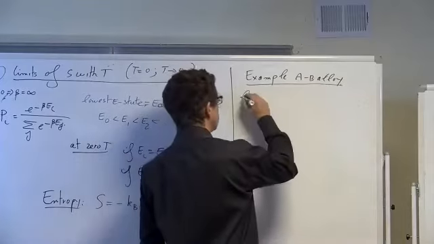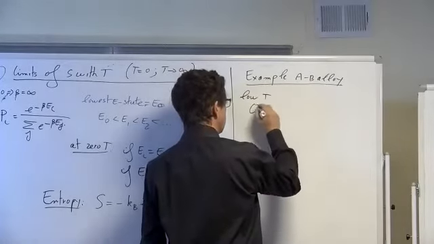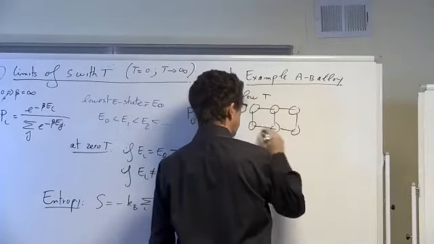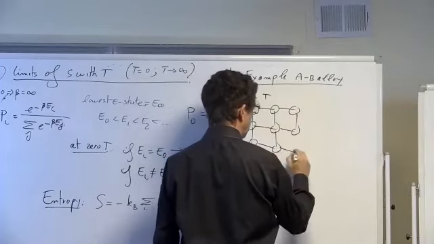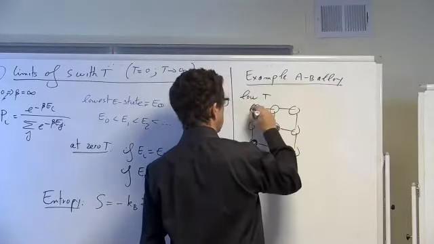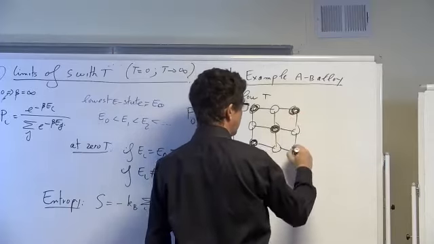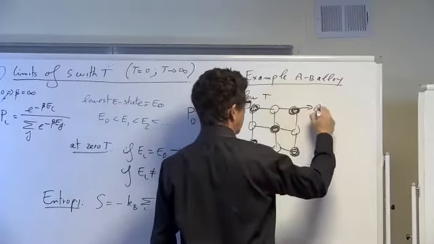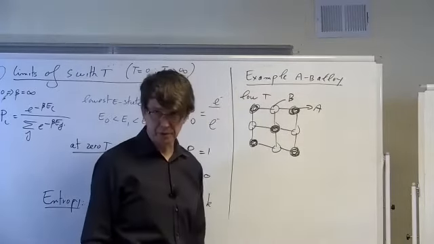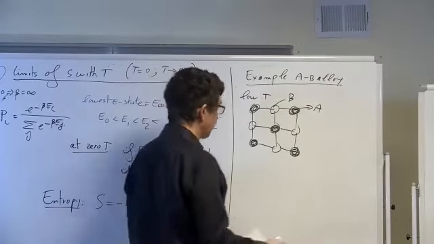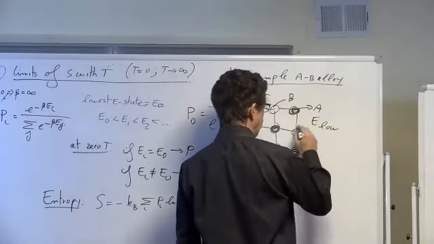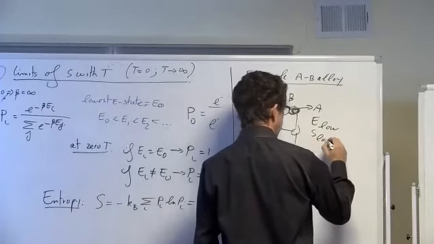So at low T, maybe it forms some sort of nice ordered structure, and that's its ground state. I'm drawing this where the dark balls are A and the white ones are B. So this is well ordered. In this case, the energy is low. If it lives in that state, the entropy is low.